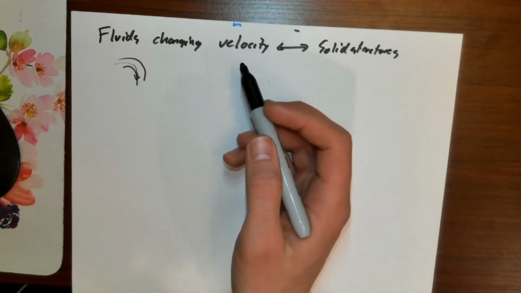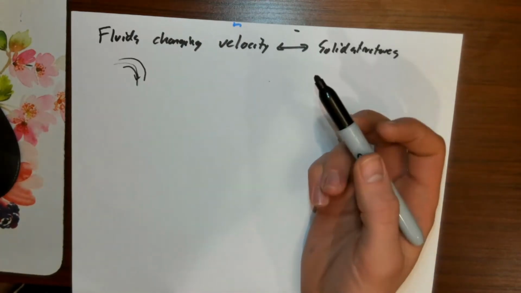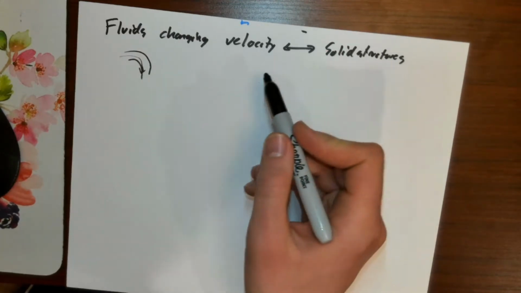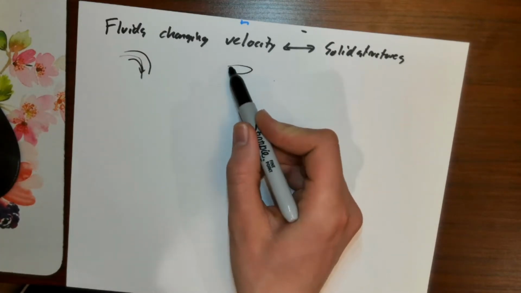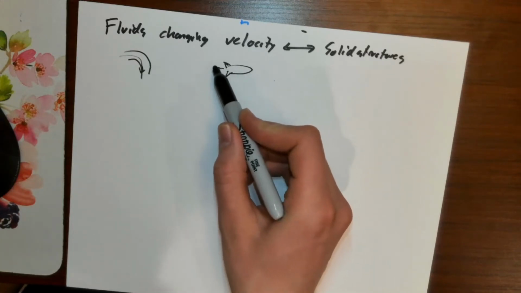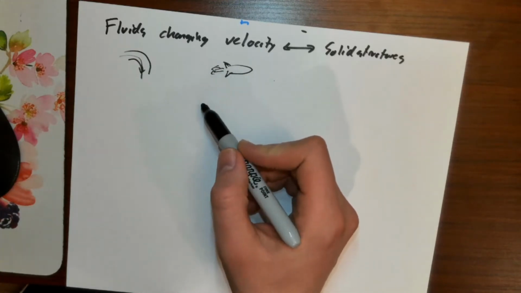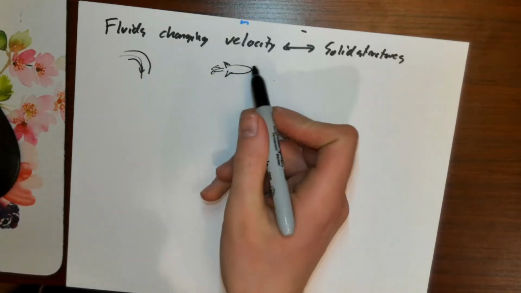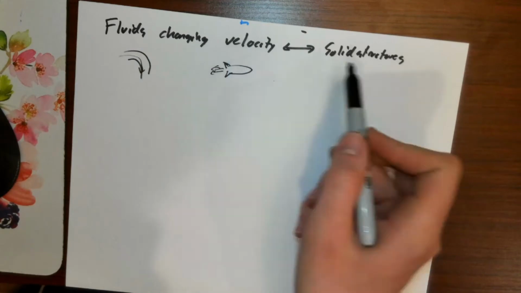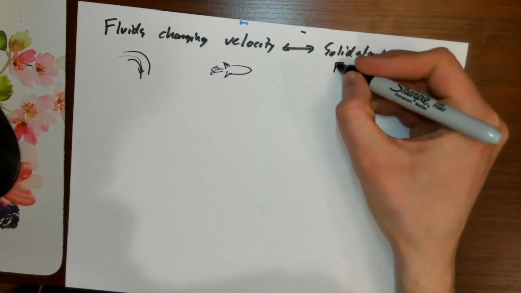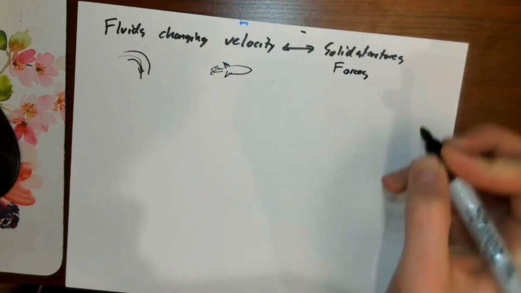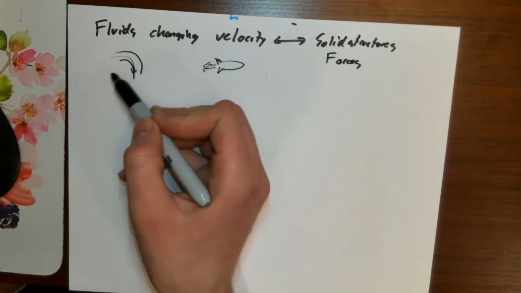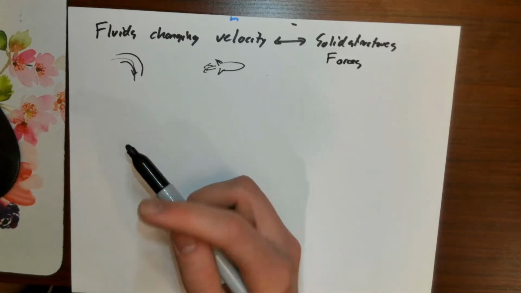We talked about how jellyfish or any fish swim by pushing on the fluid around them. We can think about rocket ships. Rocket ships shoot out gases at very high speeds out of the back, and that causes them to accelerate as well, right? So if we think about fluid velocities, we might want to think about forces on solid structures. These come up all the time in engineering in general, but also a whole bunch of times, particularly in bioengineering.